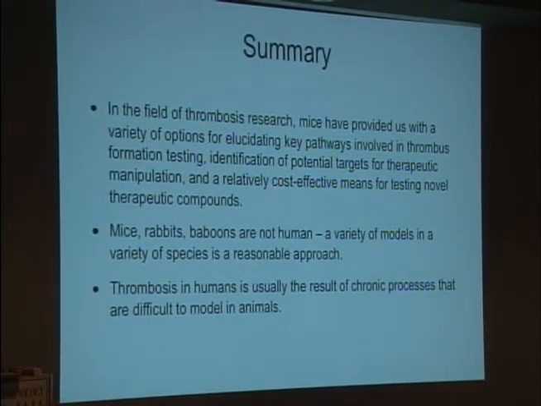And how you go about modeling the 70-year-old circulatory system of somebody with diabetes is a much more difficult problem. So as much success as we may have with the animal models, there's still not necessarily a translation, and that's obviously work for the future.